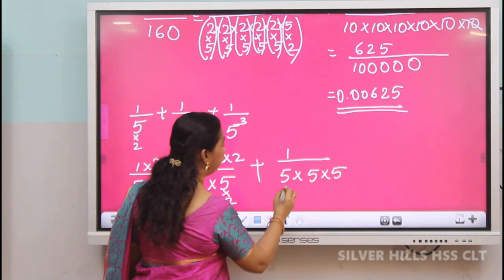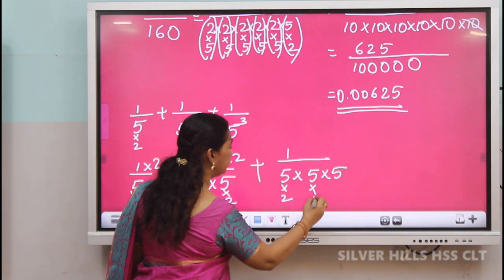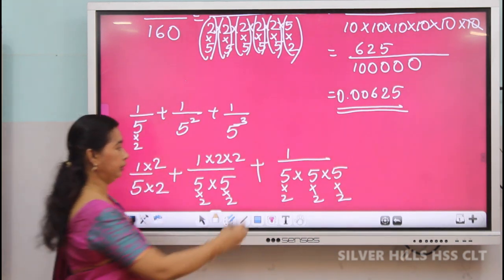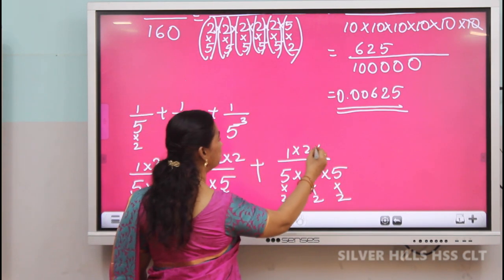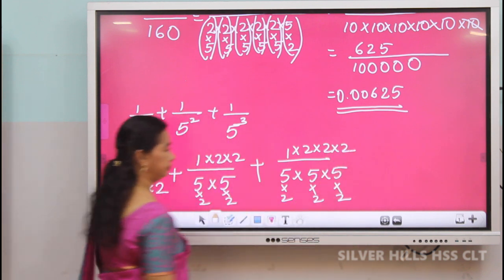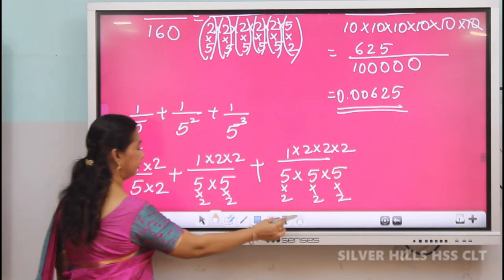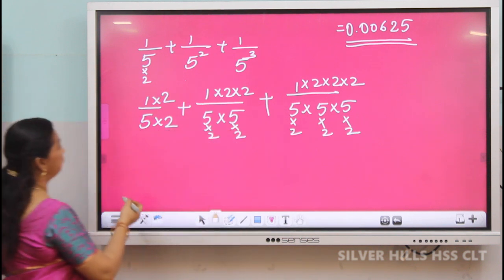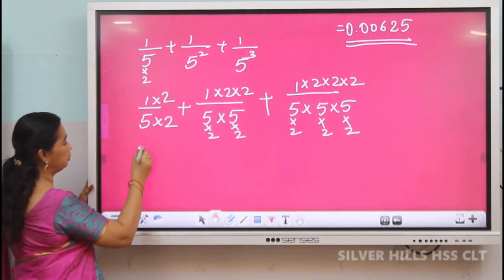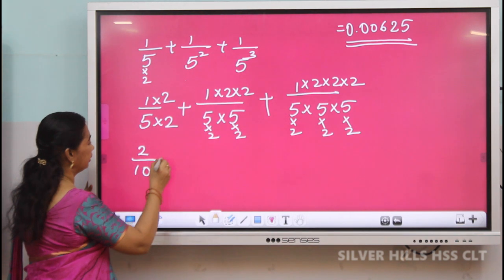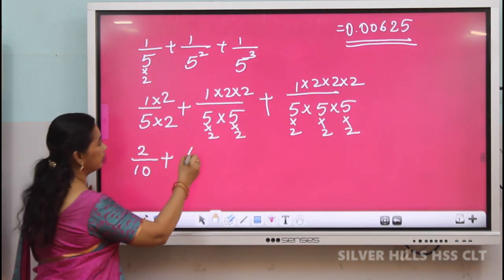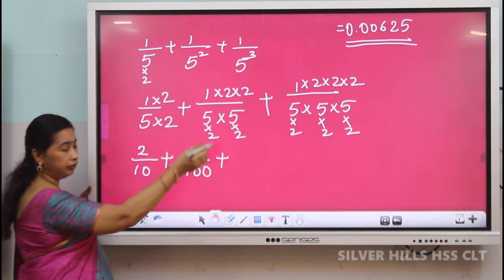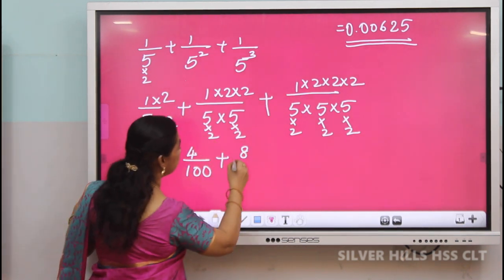So, again multiply that much: how many 5's are there, supply that many 2's in the denominator, so that the numerator becomes 2 into 2 into 2. Now, simplifying that, we will get the first term as 2 by 10. Second one we will get as 4 by 100. Third term we will get as 8 by 1000.